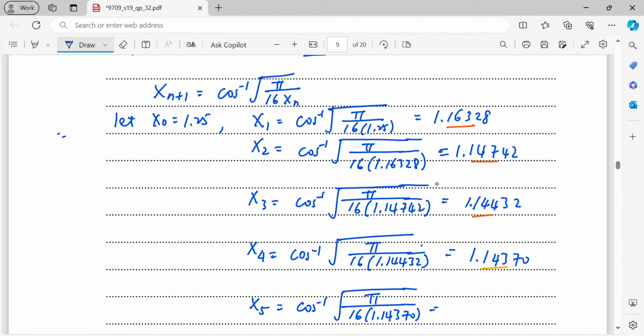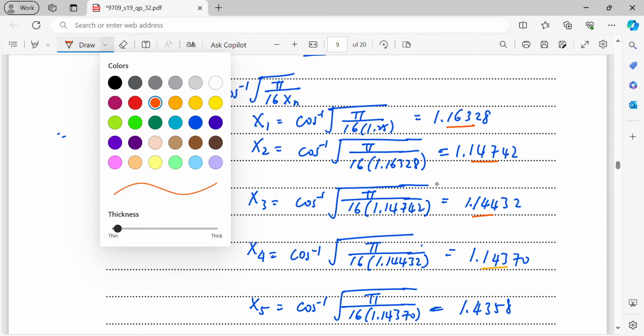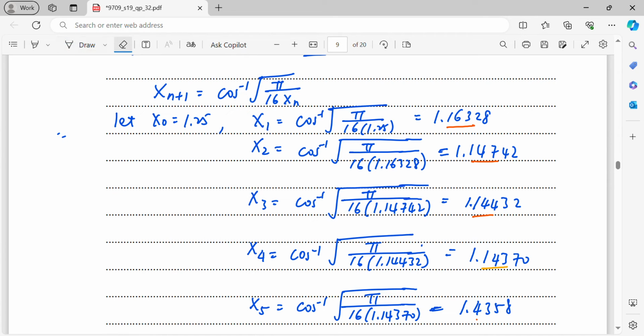So this is going to be 1.14358. So now we'll compare. Okay, so now here I'm getting 3 same decimal places.